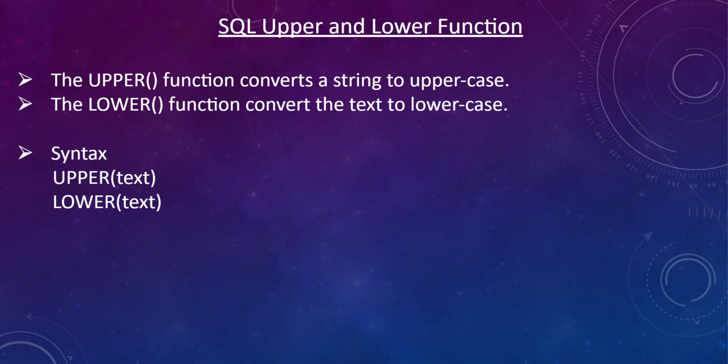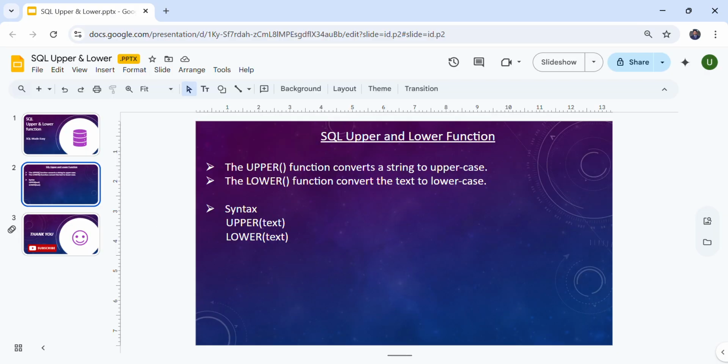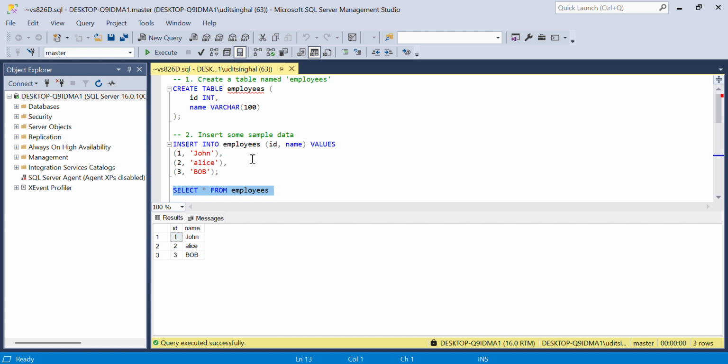As usual, we will illustrate one simple problem for understanding the UPPER and LOWER functions. I have already created one table, as I do for all the videos. This is a very simple table because this is a very simple function, not very difficult.